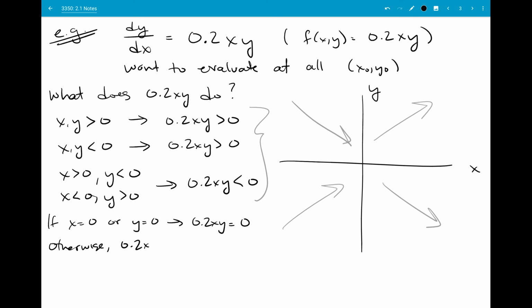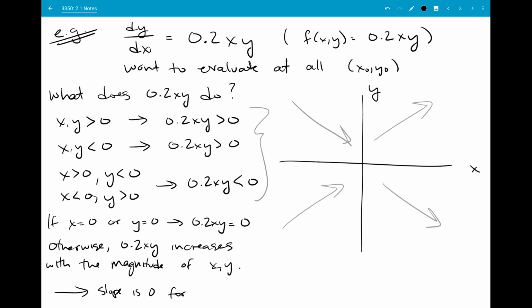Otherwise, 0.2xy increases with the magnitude of xy. So together, those two things mean that my slope is 0 for x or y equal to 0 and increases with xy magnitude, the further I get from x or y equal to 0, whether that number is positive or negative.